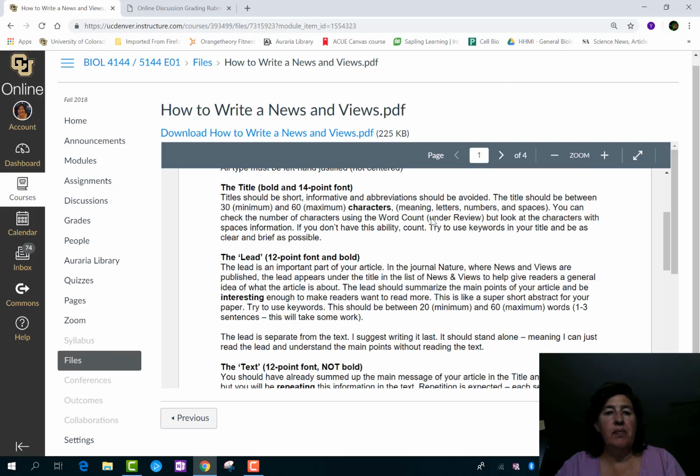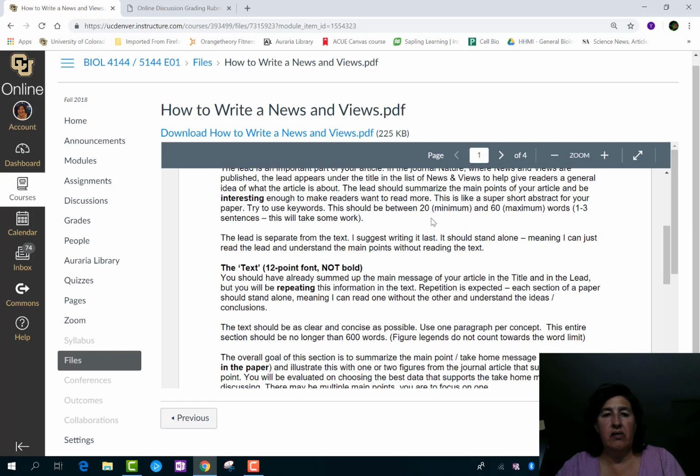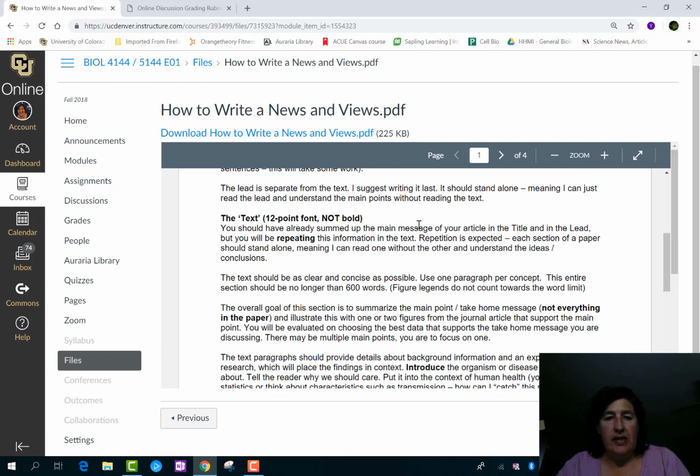You'll write a title about that, a lead, a little abstract, and a text no longer than 600 words. It's short. It's this little summary that people read. These are published in Nature, and people think, oh, that's cool, I want to go read this. So it's a way for the journal to highlight an article that they're publishing and to bring in more readers.